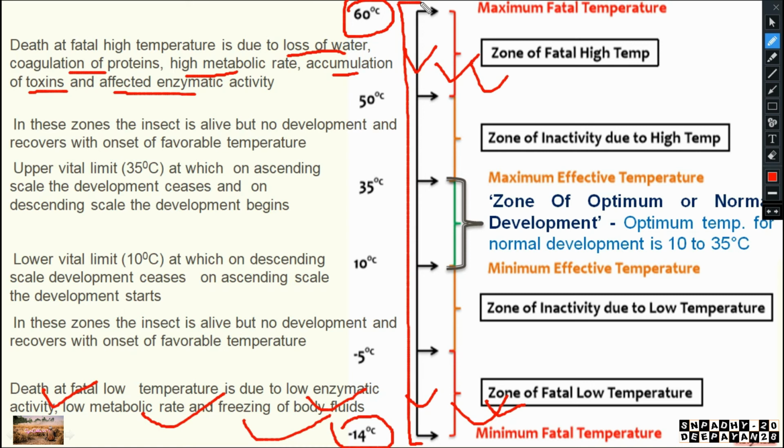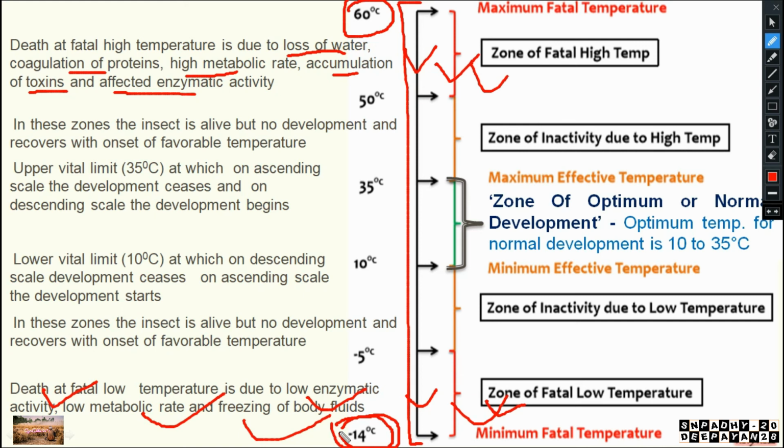That means this is the maximum temperature which is fatal for the insect, beyond which no insect can survive. Another one is this -14 degrees centigrade. This is the minimum fatal temperature. This is the minimum temperature for the fatal effect to the insect, below which no insect can exist. This is the broader limit, maximum and minimum, beyond which no existence will be there for insect.